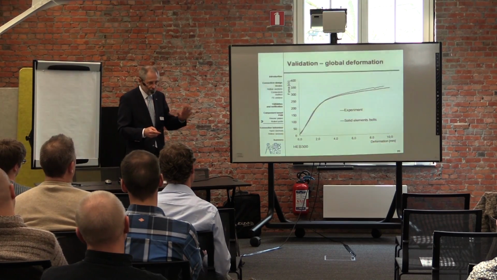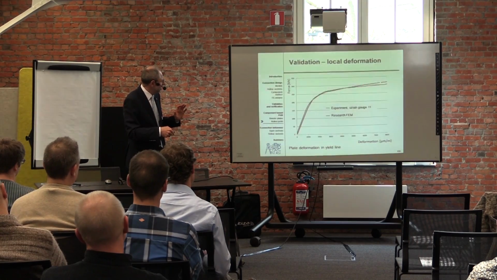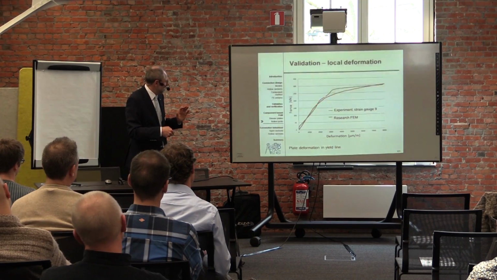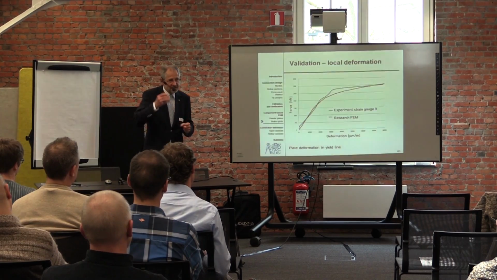I would like to show here also local behavior. Sometimes it's relatively okay, but sometimes it's not okay. In experiment, sometimes it happens that the T-stub works a bit differently.